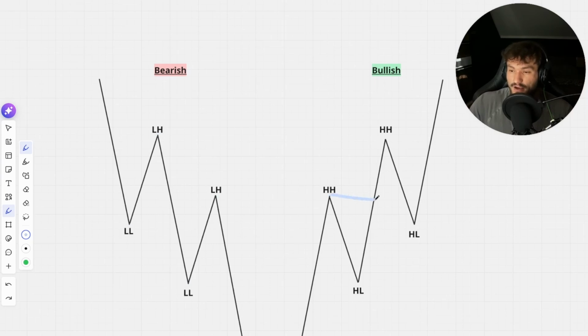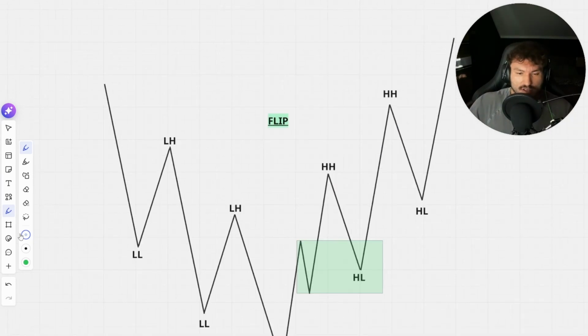Whenever there are higher highs and higher lows being created, we are in a bullish market. Order flow is just the market making lower lows and lower highs. Bearish, right? As we see here, it's bearish, until a body closes above a protected lower high. That's what we call a flip. And that's basically your step 1.